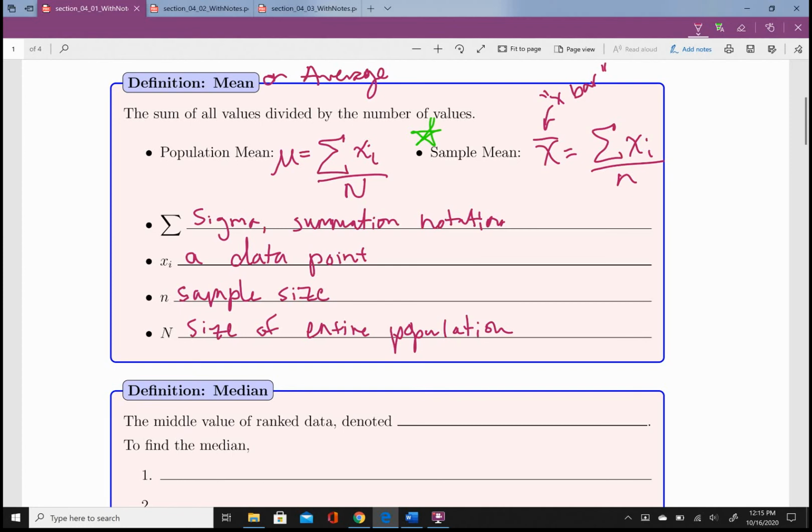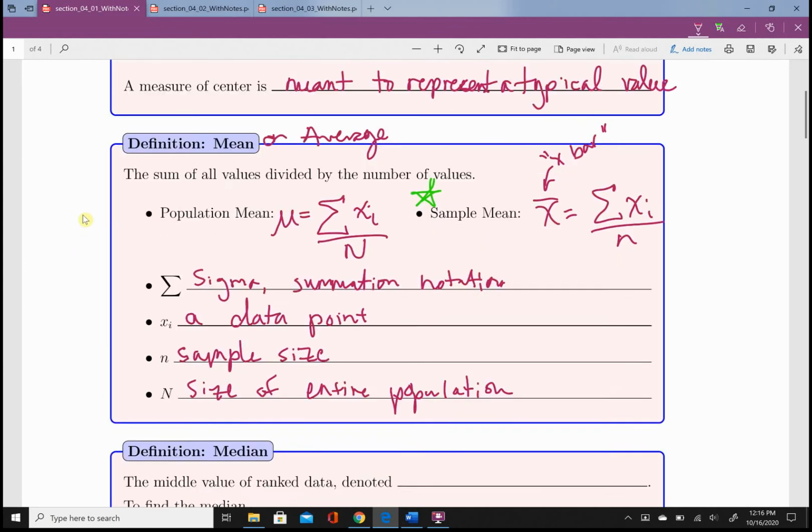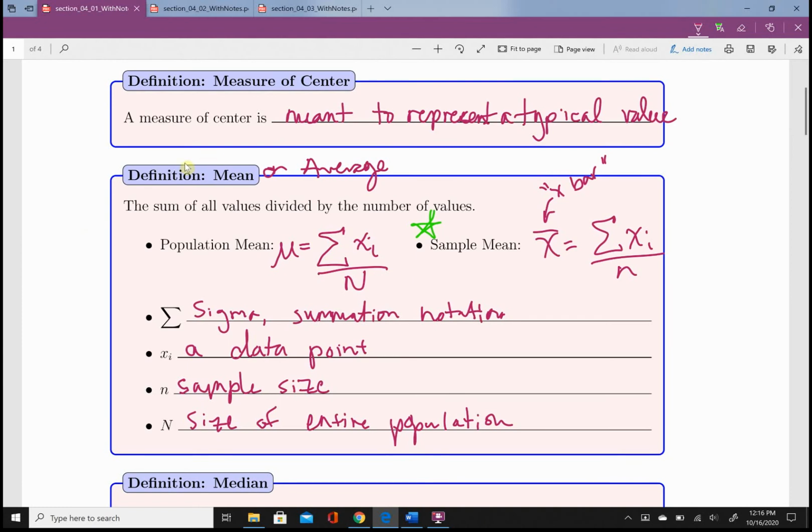For instance, if you have a data set of the heights of 10 people and you want to find the mean height, you would add up all of those heights and divide by 10. All right, so that's our first measure of center that we're defining here, the mean.